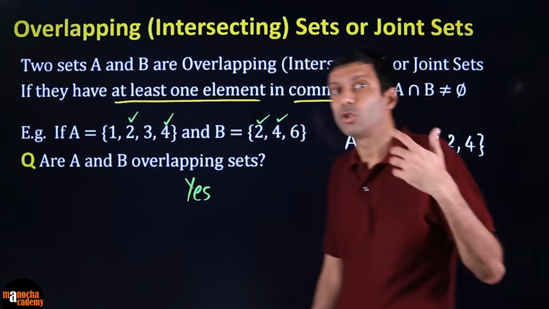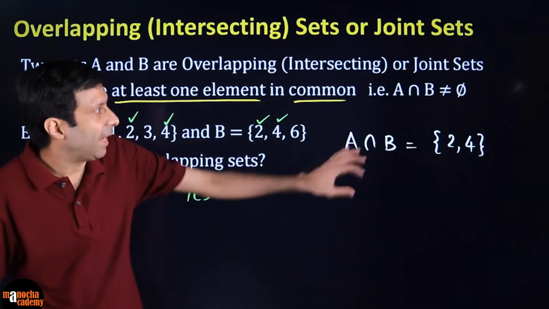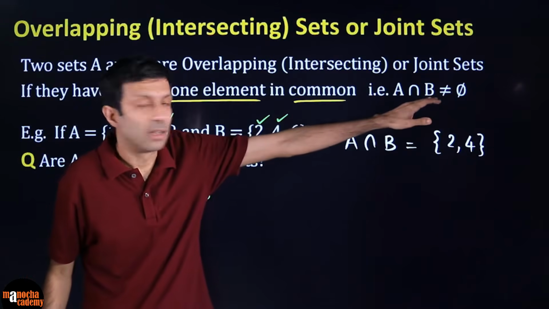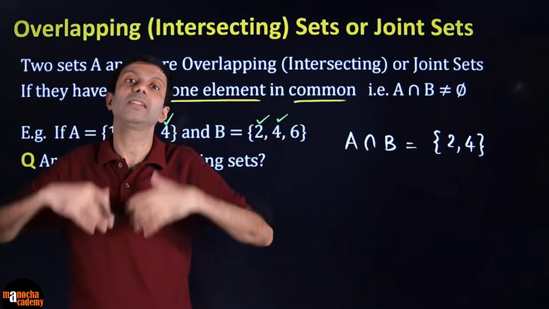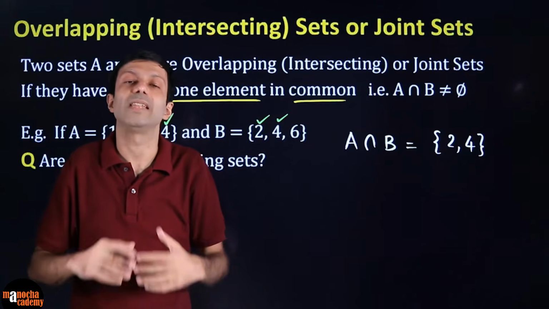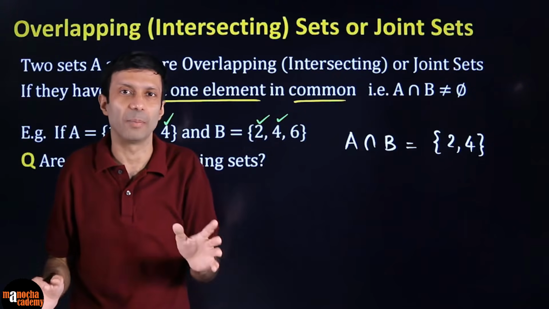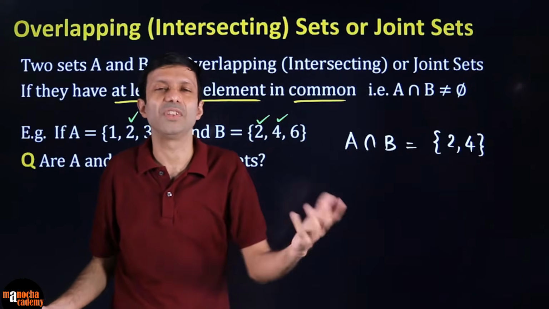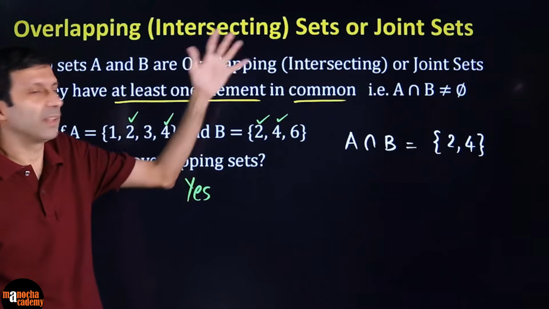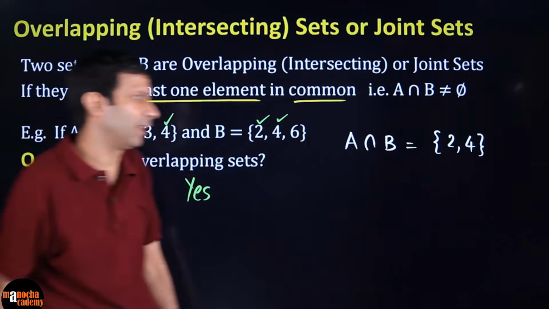So when are sets non-overlapping? Sets are overlapping when A intersection B is not null, that means you can get some intersection. If A intersection B is null, that means they have nothing in common. They are not overlapping. For example, if two friends do not have any common hobbies, then we say they are not overlapping. They are not intersecting. Is this clear?